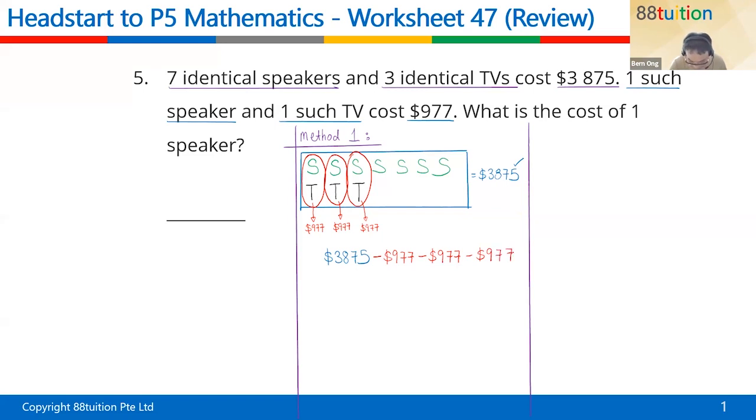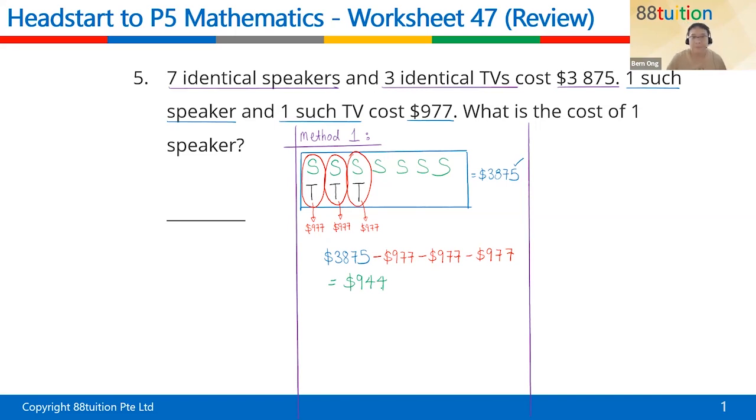Just press your calculator. Learning to press your calculator is okay for today's lesson. 3875 minus 977, 977, 977, I will get 944. I hope you can get 944 also.